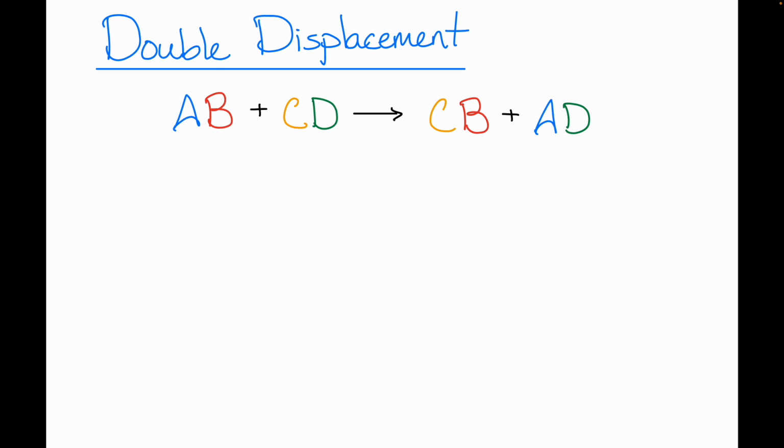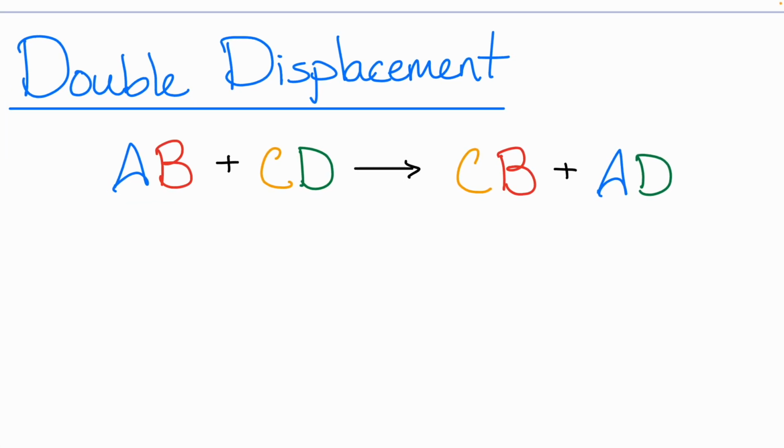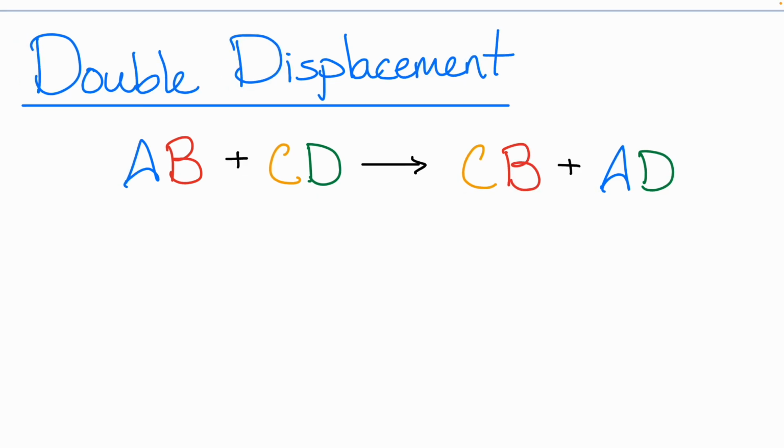So remember, these double displacement reactions are characterized by this pattern here. We have these two ionic compounds, AB and CD. And if we keep track of what happens to A and C here, we can see that in this reaction, they are going to swap places.